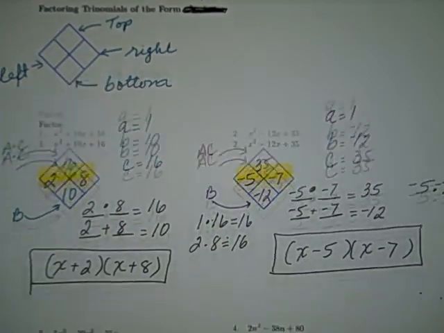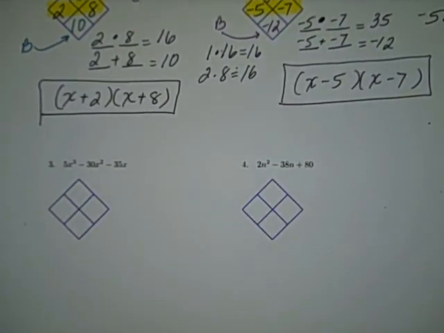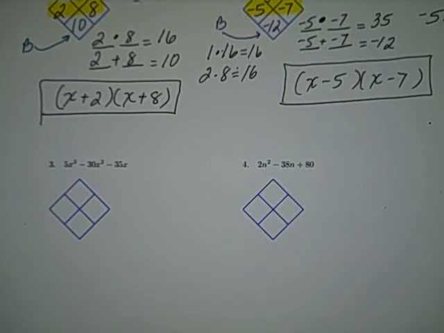Let's practice one more time. Let's look at number 3. On number 3, before you begin to factor, you have to look for the GCF. So we have 5x cubed minus 30x squared minus 35x.